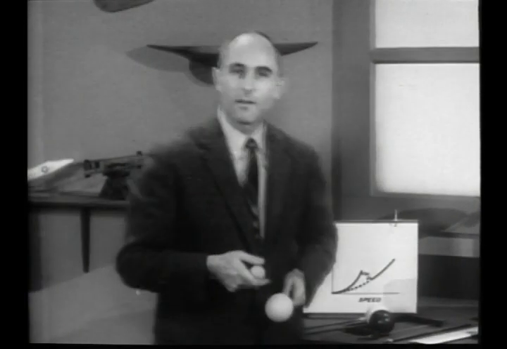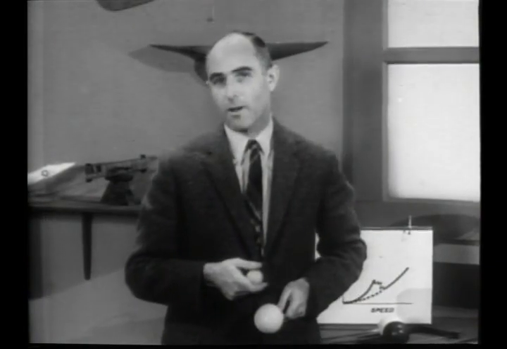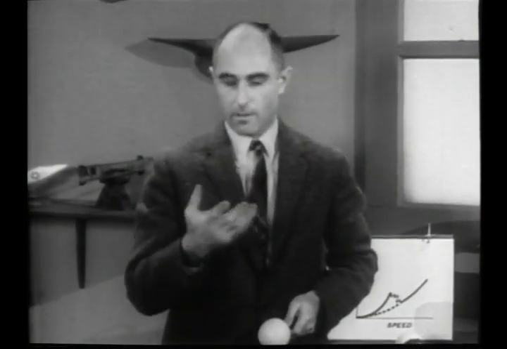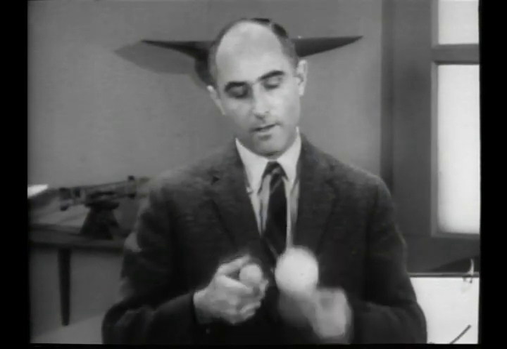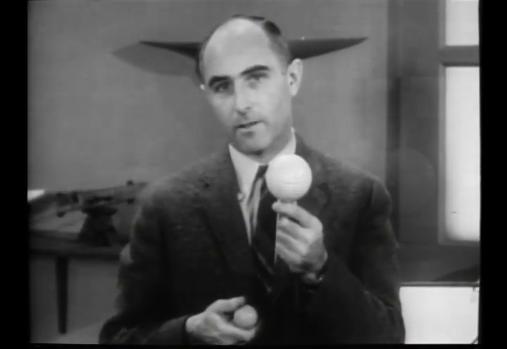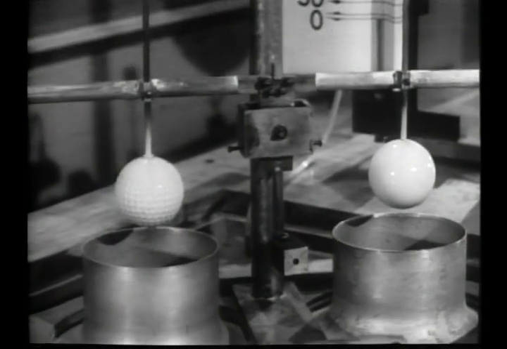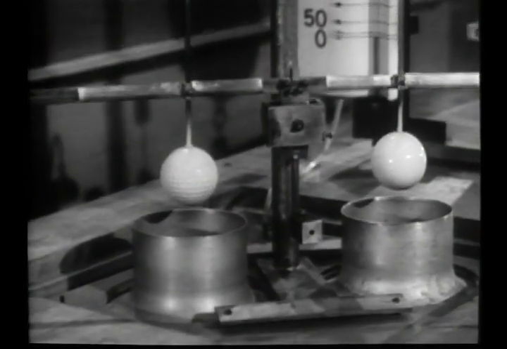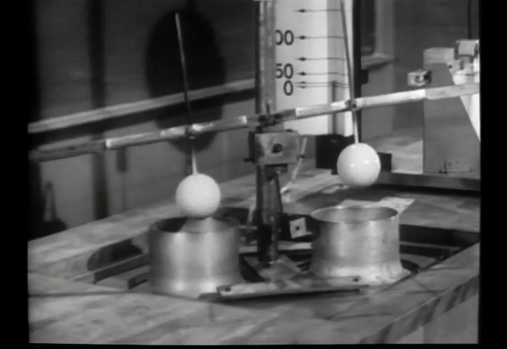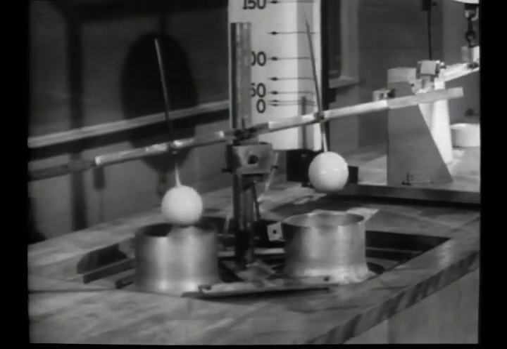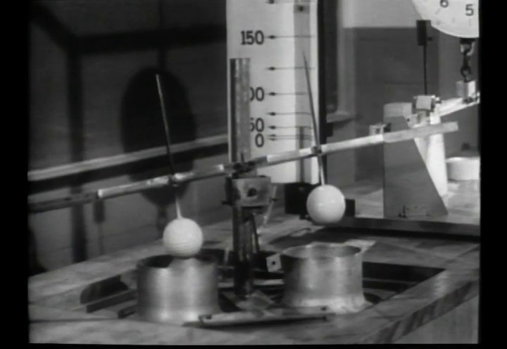You know, a long time ago, golf balls used to be smooth. Here is the kind we use today, dimpled. And here is a scaled model of it. Using the equal arm balance, we compare the drag of the dimpled ball with the drag of a smooth ball having exactly the same diameter.